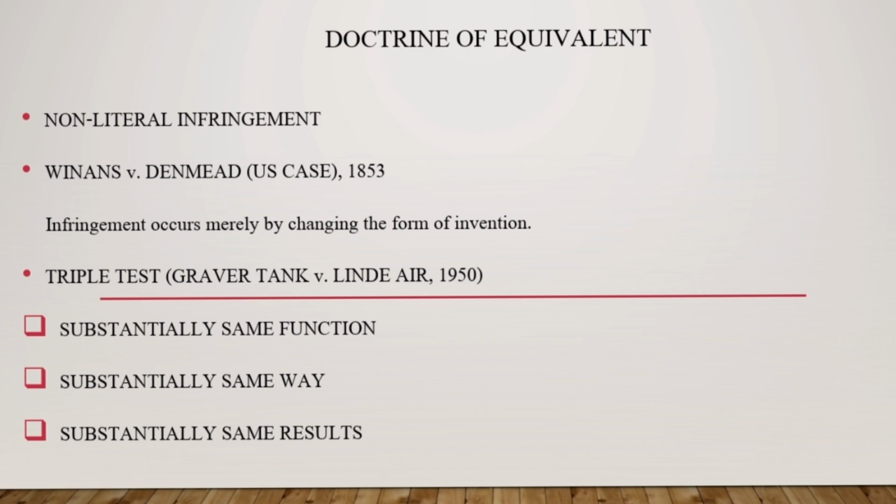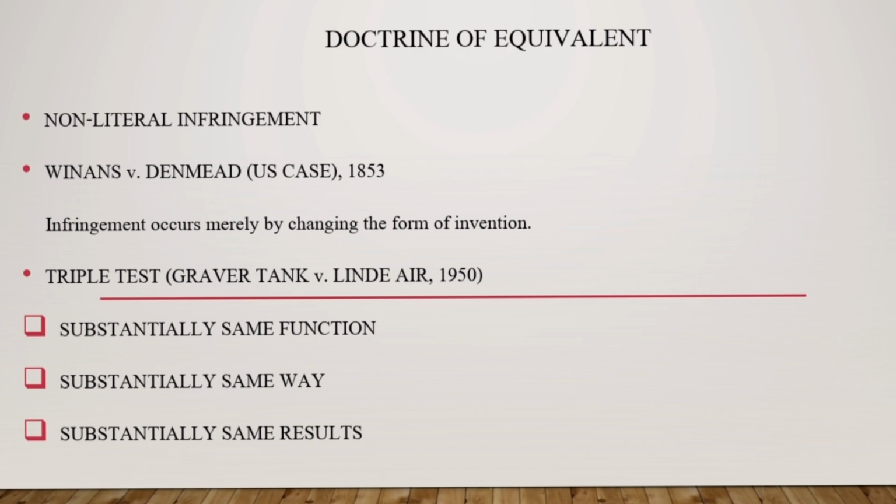Here, Winans filed an infringement suit against him. Denmead argued that his product has not been copied as he used a different shape, but the court held that though the shape is different, the purpose and function are identical to the Winans product, hence it amounts to infringement.